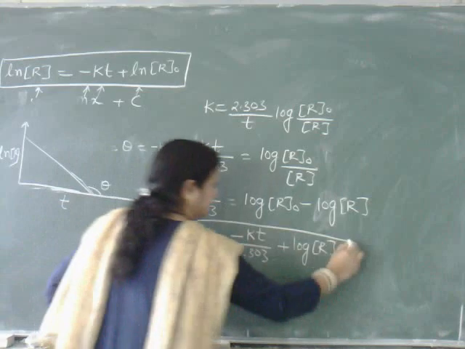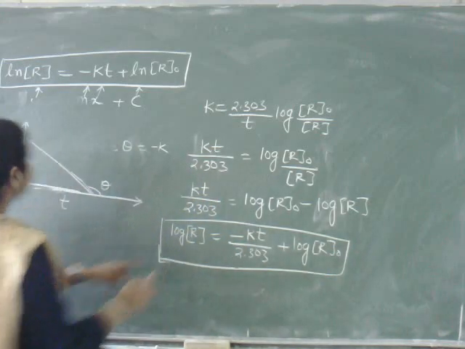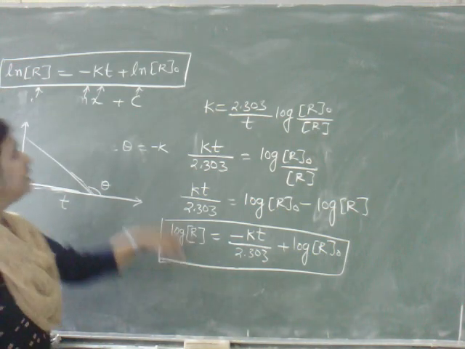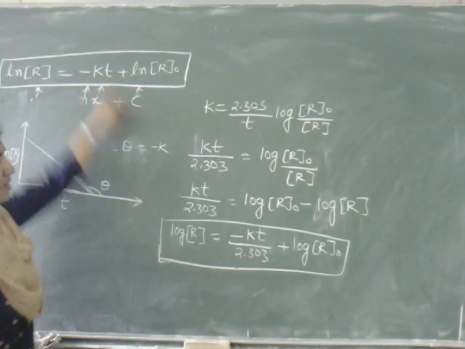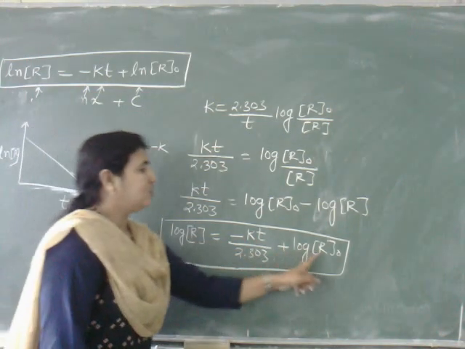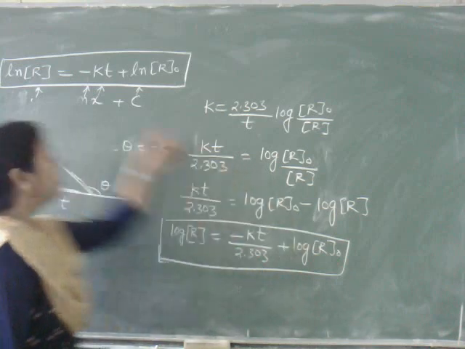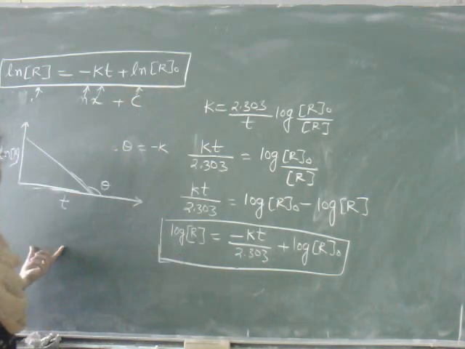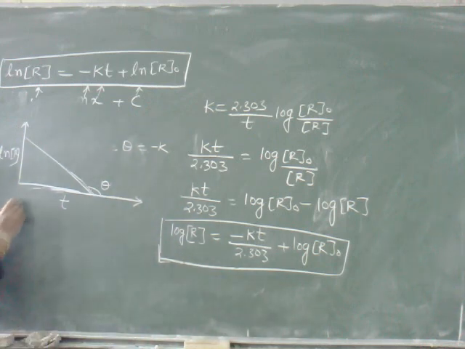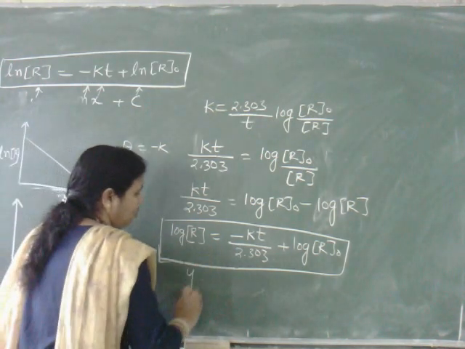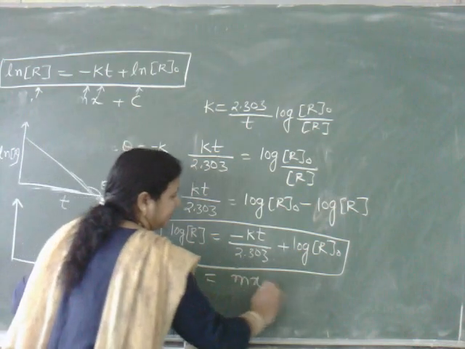See this one. It is the same as this one only. Here we have ln r, here we got log r. Here we have minus kt, but here we have minus kt upon 2.303 plus log r naught. Here we have plus ln r naught. The same graph we will get, only instead of ln r we have to write log r. It is also y is equal to mx plus c.